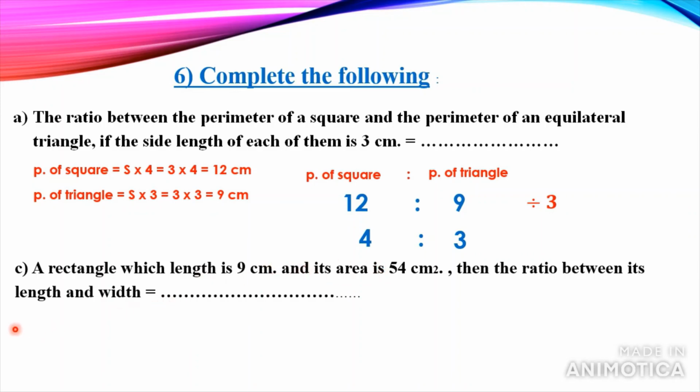I have the length of the rectangle and its area, and we need the ratio between length and width, but I don't have the width. So I will find the width, which equals area divided by length, 54 divided by 9 equals 6 centimeters.